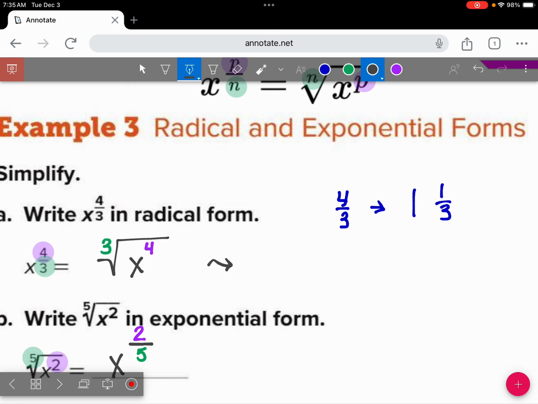The cube root of an x, because we'd have an x left over, which is x to the first. So it's a different way of simplifying.